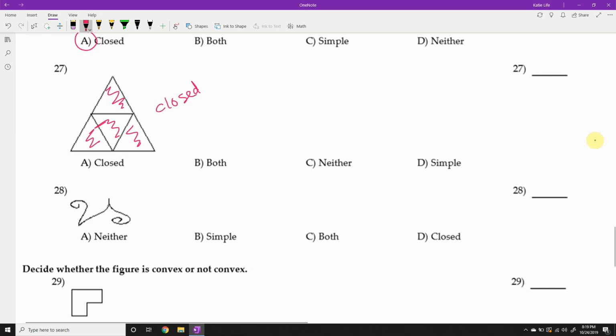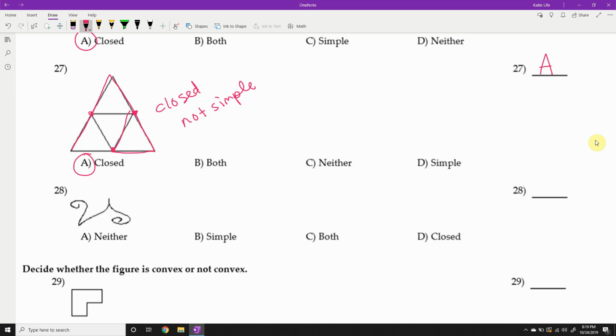But if I were to try and pick a starting point and traverse the figure, at some point, no matter how I trace it, I'm going to hit certain areas more than once. So it's definitely not simple because those points that I've picked out, no matter how I trace it, I'm going to hit those points more than once. So closed, but not simple. 27 is A.